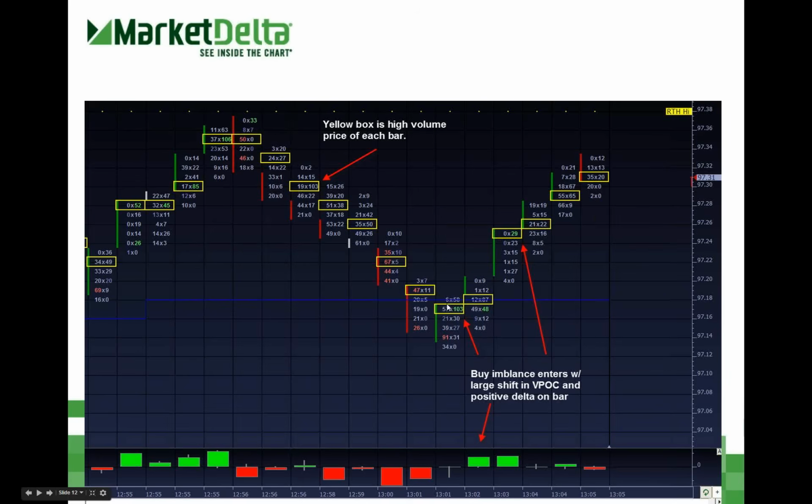And down here, I know there's a red here and a green here. You could say they offset, and I'm not going to argue with you. I then look down here. I usually have a volume breakdown at the bottom of my chart, and I watch that to see what it tells me. This is always interesting: the volume breakdown, the delta bar, had traded way down and then rallied up.